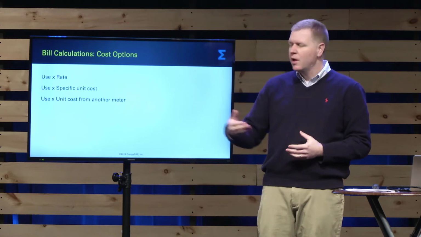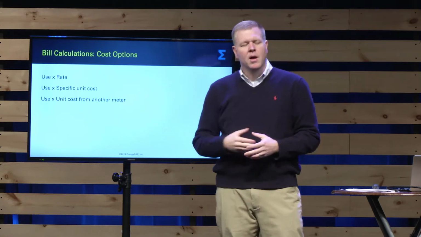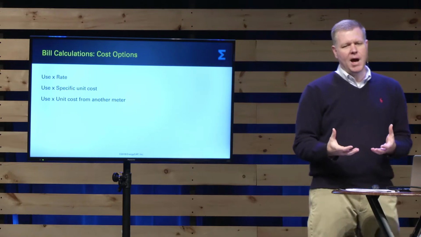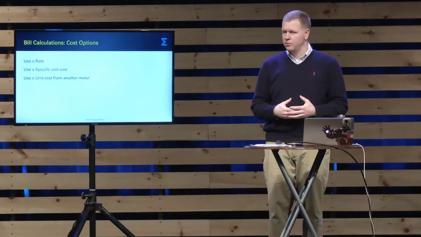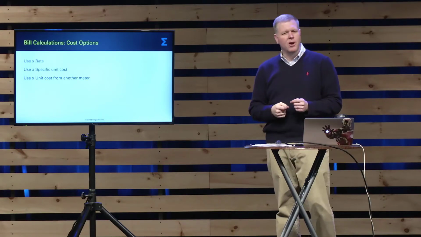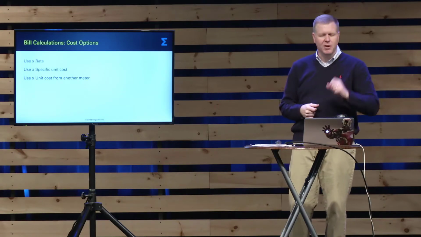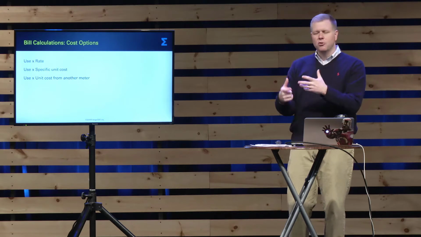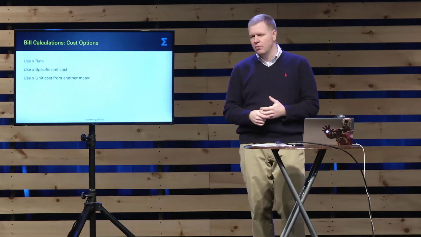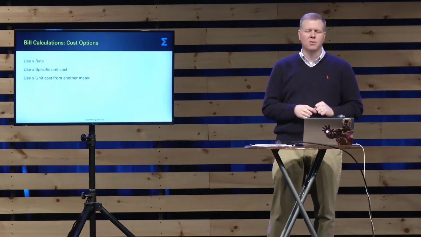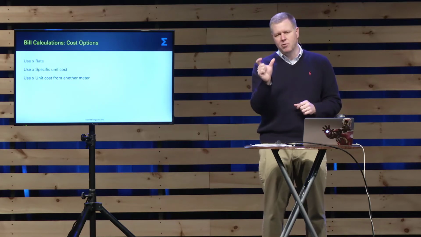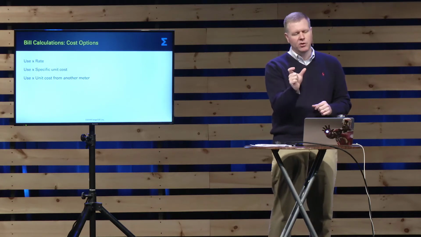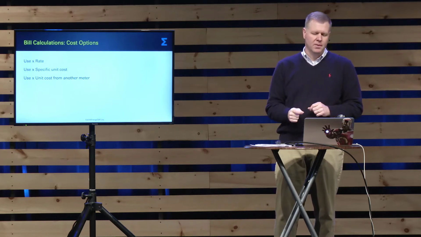We've continued to support the idea that you can configure a rate within EnergyCap and use that rate to generate bills and to generate cost on your bills. But in some cases, it's helpful to just specify a specific unit cost. You don't want to go through the hassle of maybe maintaining a rate, and you just know for this particular meter, this is the unit cost that should be applied. Well, we've given you an option to do that right there. It's very transparent, very easy to use.